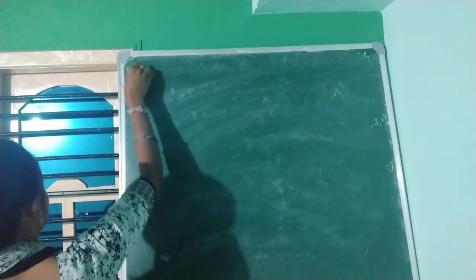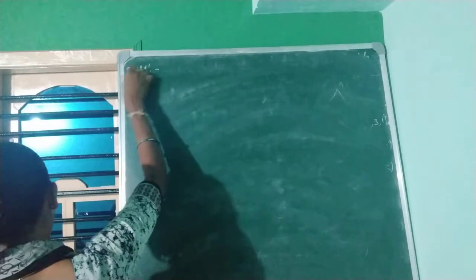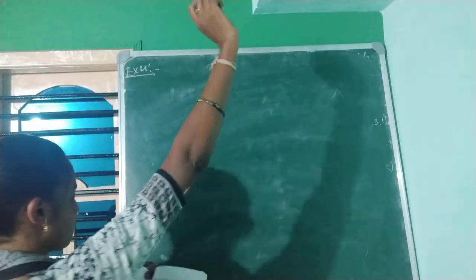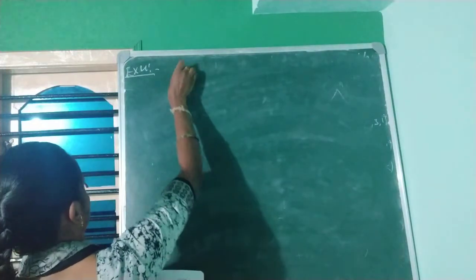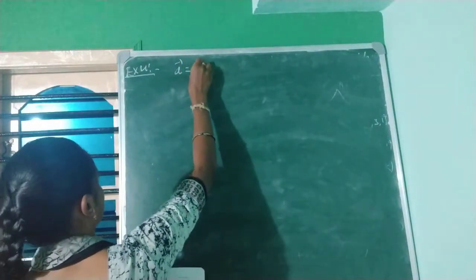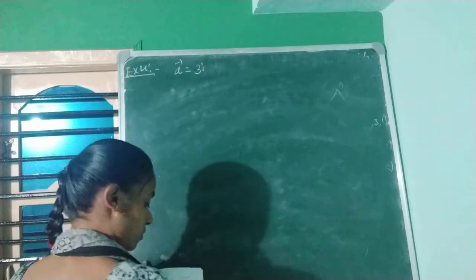Clear? The last example, and this is find the area of a parallelogram whose adjacent sides are given by a vector. This is 3i. Okay, let me write the question.